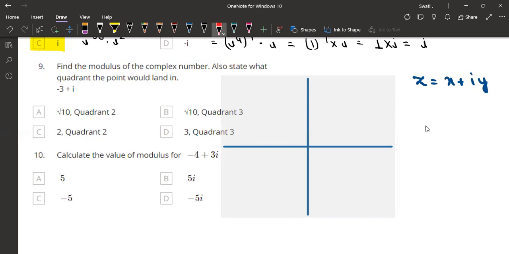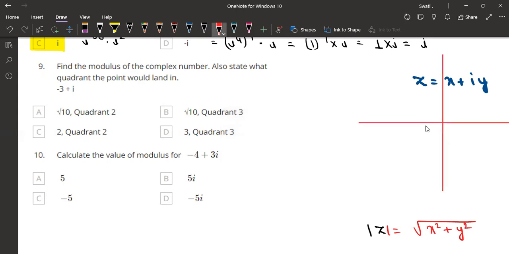The modulus of z, mod z, will be equal to root over the real part square plus the imaginary part square. That is it.